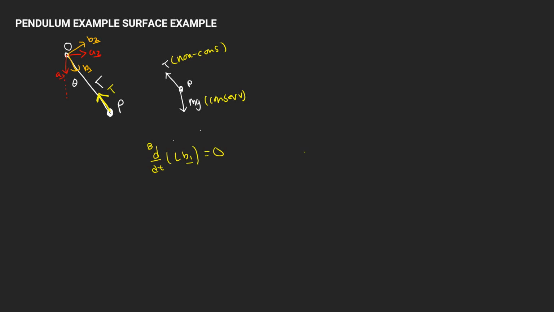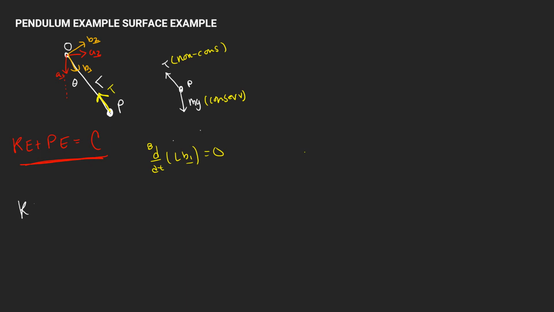And so the only force that does work is mg, this gravitational force. And so that allows us to use the conservation of mechanical energy method. And so to do that, we use the equation that kinetic energy plus potential energy is equal to some constant, which I call here C.